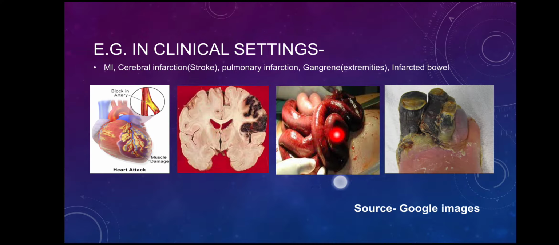Then gangrene can occur in the intestines by obstruction of the mesenteric vessels, and gangrene can also result from obstruction of the arterial supply in the lower limb. So these are the clinically important scenarios where infarction is commonly seen, and it is often life-threatening.